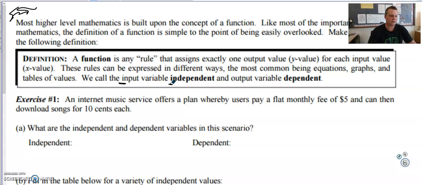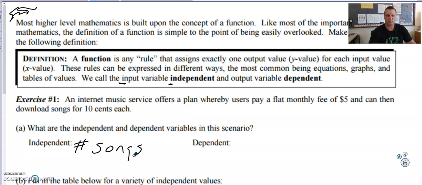Looking at exercise 1, an internet music service offers a plan whereby users pay a flat monthly fee of $5 and can then download songs for 10 cents each. The independent, your input value, is the number of songs.